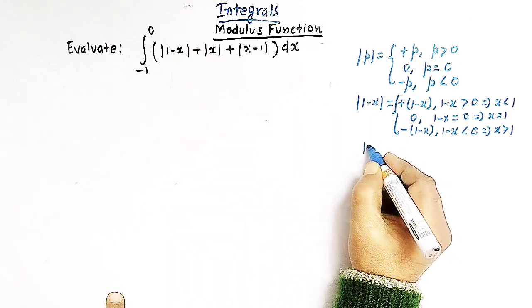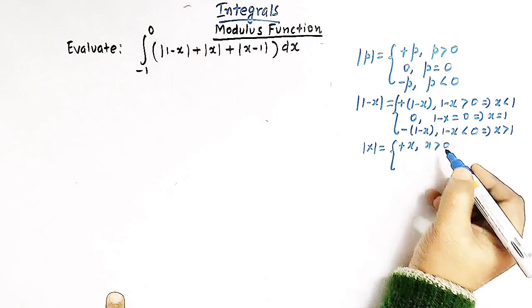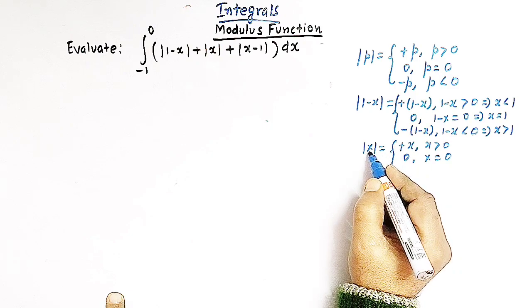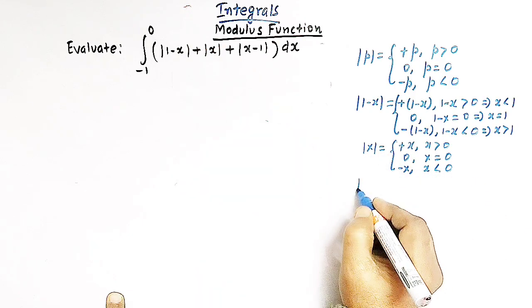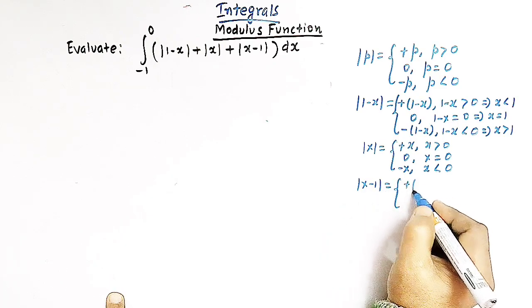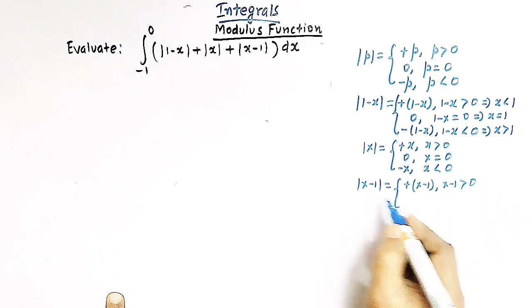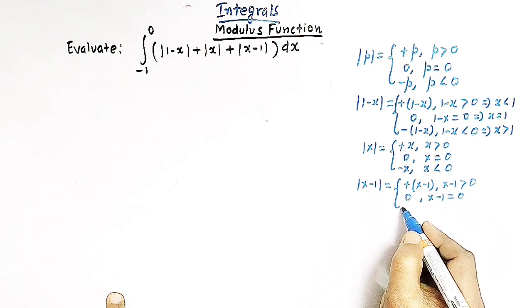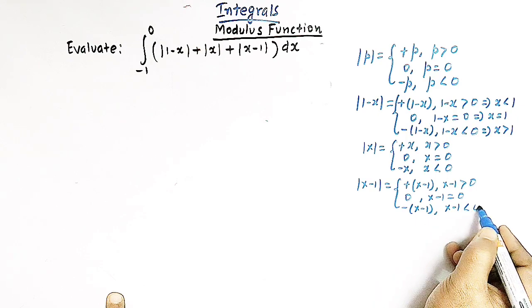Okay, now mod of x can be defined as positive x whenever x is greater than 0, mod of x is 0 whenever x is equal to 0, and this is negative x whenever x is less than 0. And similarly we can write mod of x minus 1, that is positive x minus 1 whenever x minus 1 is greater than 0, and this is 0 whenever x minus 1 is equal to 0, and negative of x minus 1 whenever x minus 1 is less than 0.